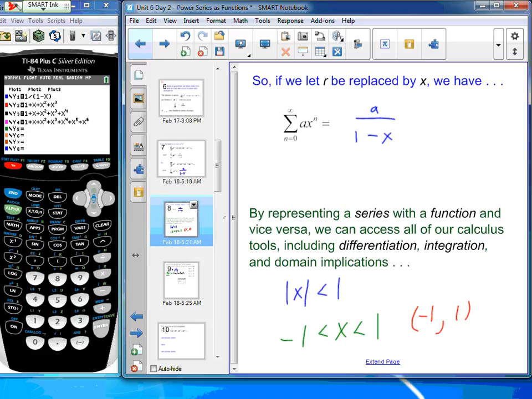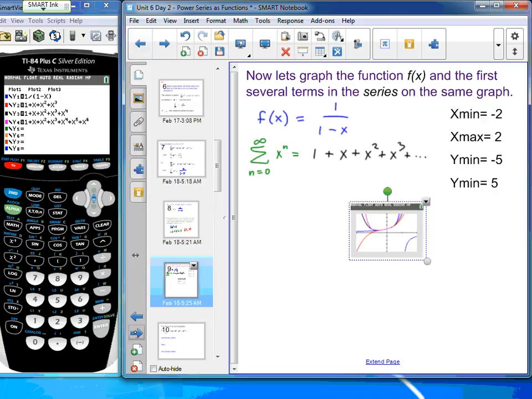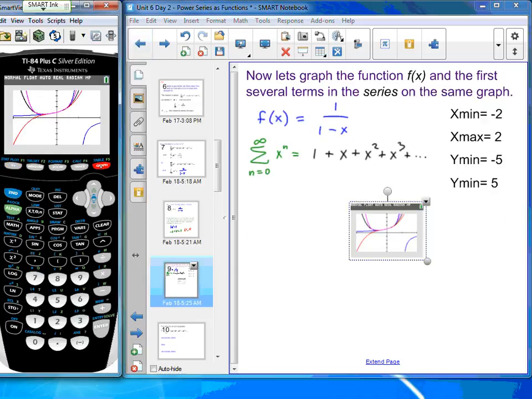Now this will change if my substitution for r isn't just plain Jane x. If it's 2x, for example, or negative 3x, then it's going to change this interval of convergence. But this is my parent function, and this is the parent interval of convergence. Would you buy that? Well, as I look at the picture, it looks like my power functions do a very good job of matching when I'm in between what x values?